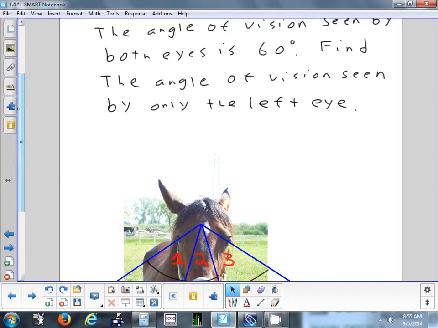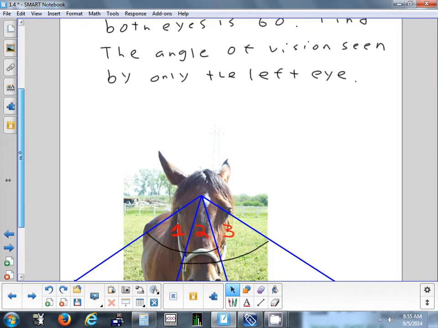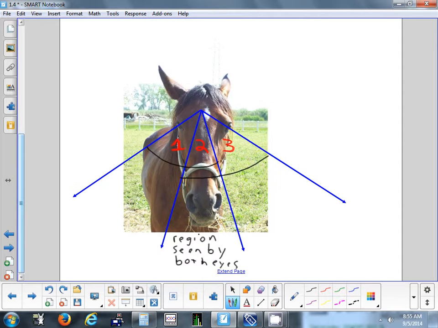All right, so they want us to find the vision seen by only the left eye. So we're looking for angle 3. So how could I use the segment addition postulate to write an equation somehow involving angles 2 and 3? You don't need 1. Did I say segment addition? If I did, I meant angle addition.